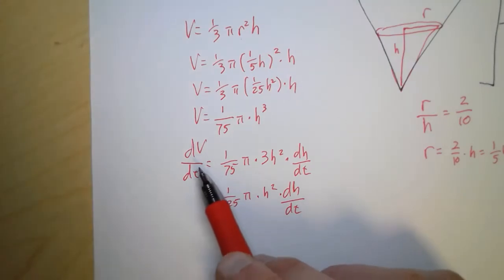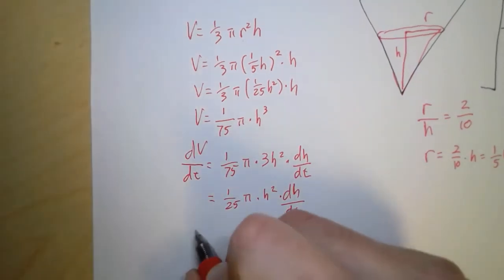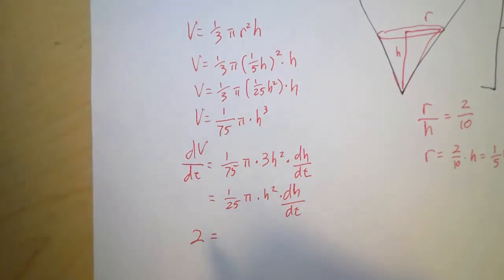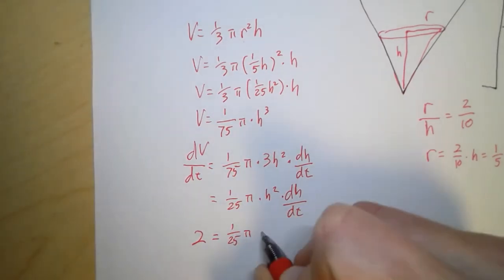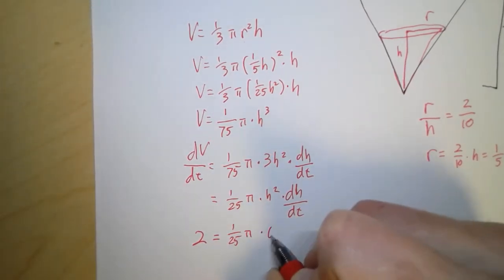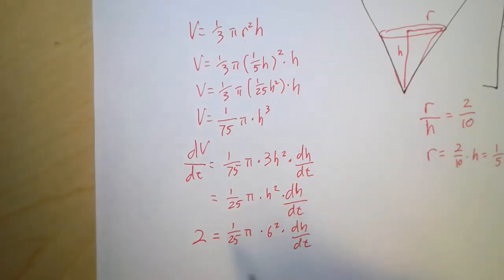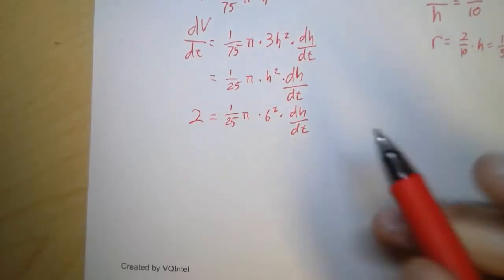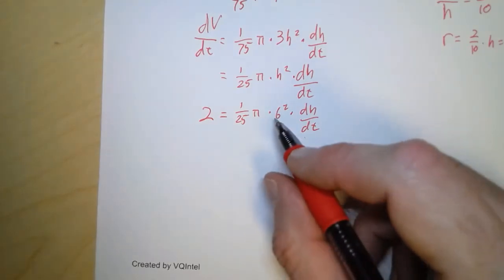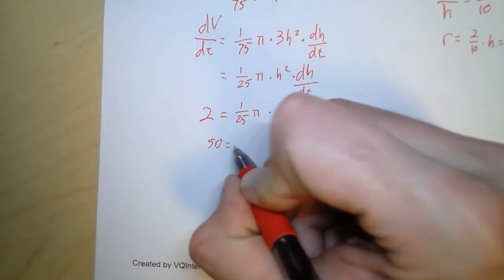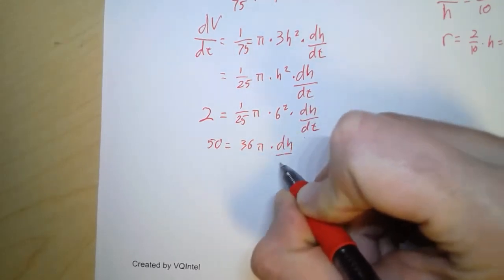So that means we have to plug in a value for dv dt. That's the change in volume, and so that is 2 cubic inches per second. So that's 2. And h, they tell us, is 6 inches. So 6 squared times dh dt. So now all we have to do is algebraically get dh dt by itself. So we'll multiply by 25, so we have 50 equals 36 pi times dh dt.